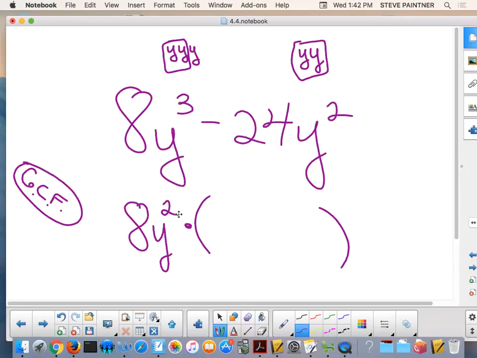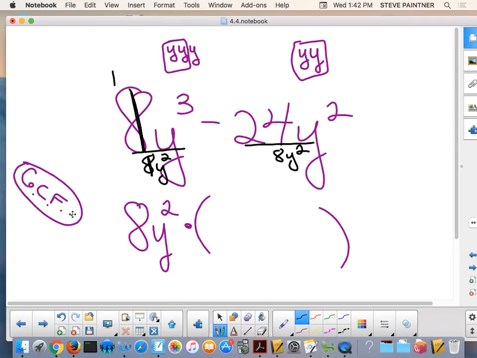So now the GCF becomes a number and a variable. How do you take it out? You divide. And I still think it helps to write this down instead of doing it in your head all the time. When you factor out an 8y squared, the question becomes, what's left? 8 goes into 8 once.